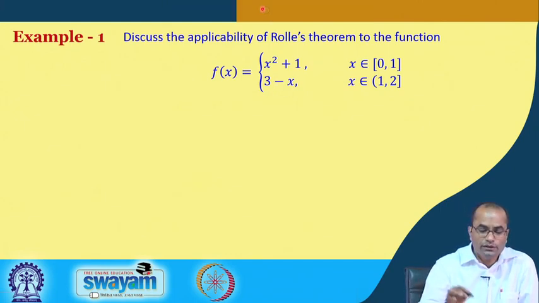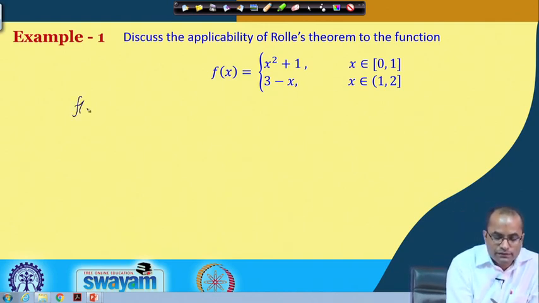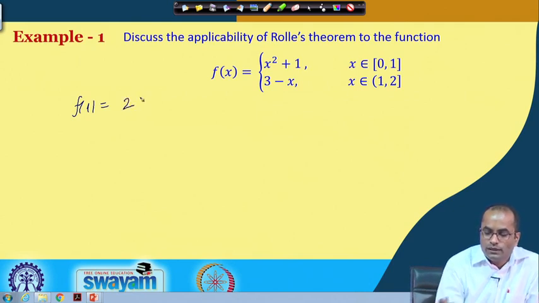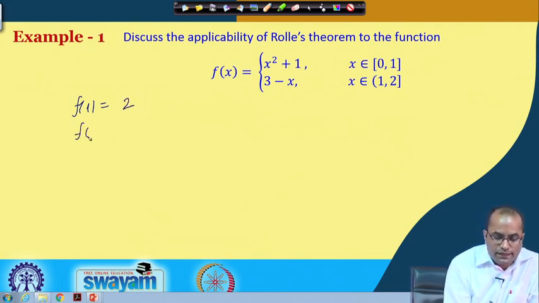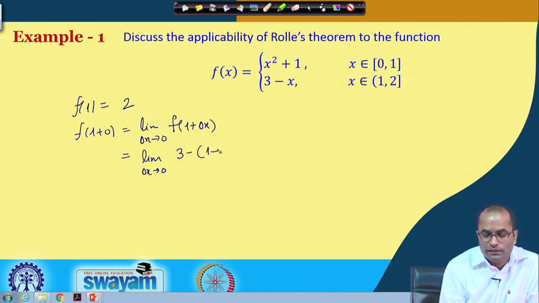Regarding continuity, f 1 is 2, and if we take the right limit f 1 plus 0, the limit as delta x goes to 0 with delta x positive of 3 minus 1 plus delta x, that is 2 minus delta x, which goes to 2.